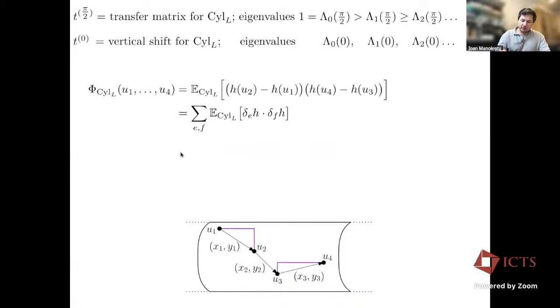So we're going to go back to the cylinder. I hope you will accept that if this is the torus, which has a horizontal length M and a width L, if I take M and L to tend to infinity, first M to infinity, then L to infinity, this converges to Z2.